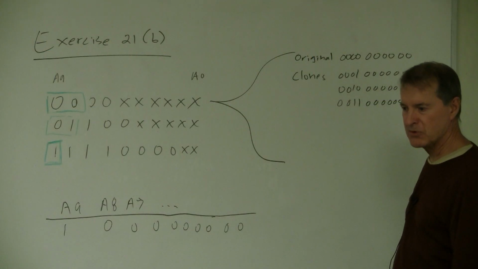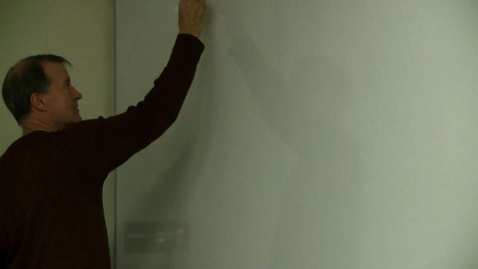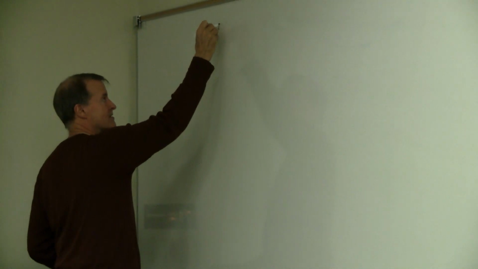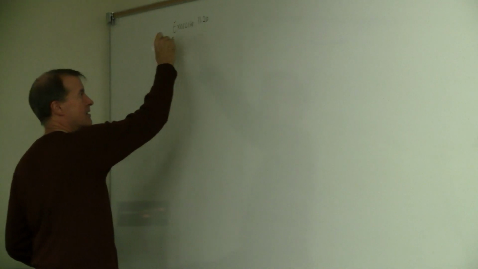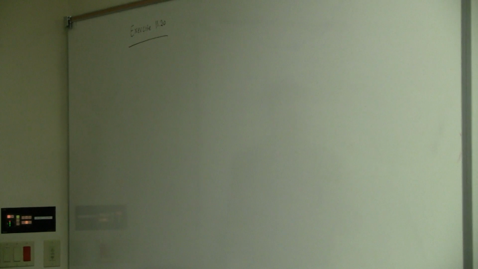A question about number 20. So that's exercise 11.20. The problem specifies a 16-bit wide data bus. I think it helps, even though it's going to take a lot of room, to actually draw those lines.